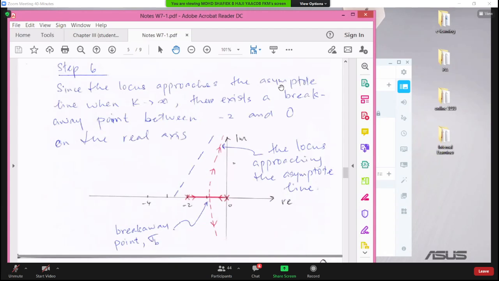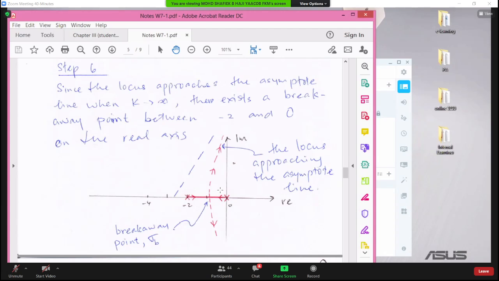Since the locus approaches the asymptote when k is equal to infinity, there exists a breakaway point between -2 and origin on the real axis here. So this sigma b here is the breakaway point. We need to determine at what value it starts leaving the real axis.